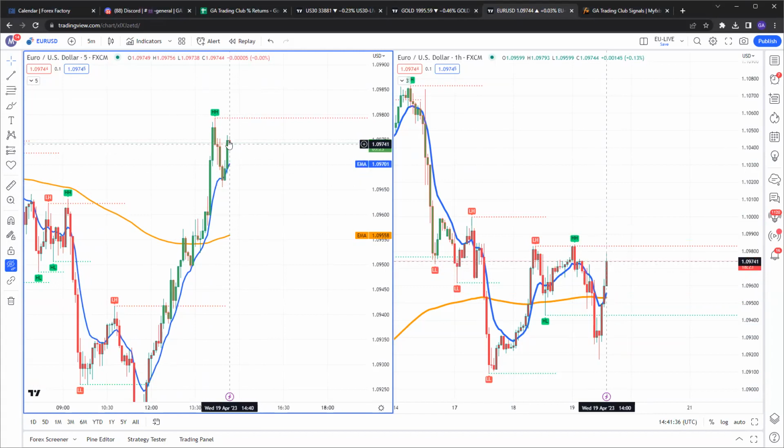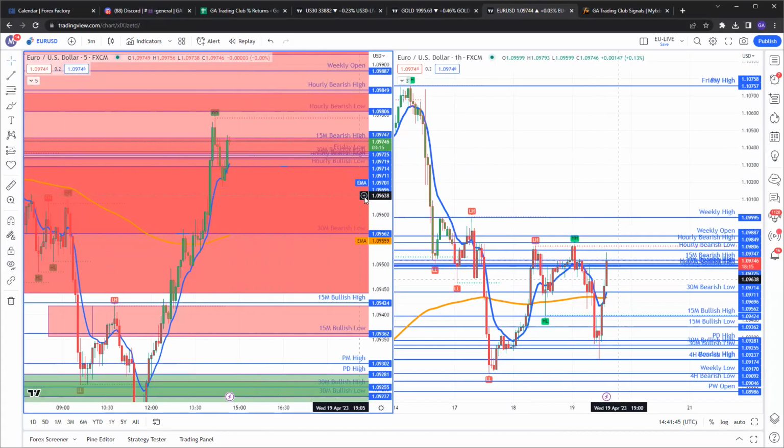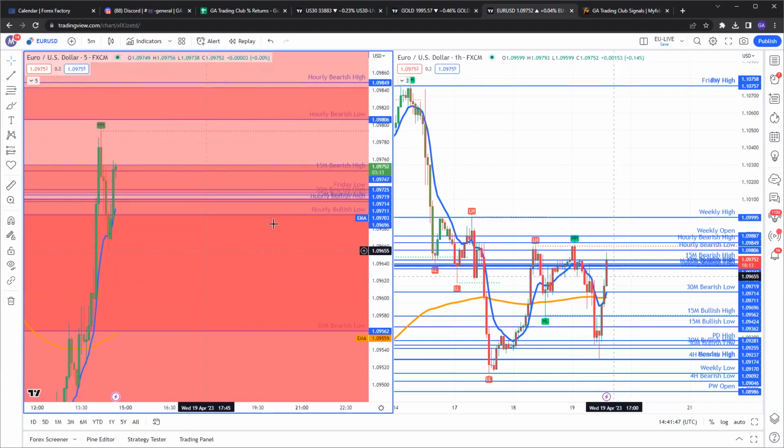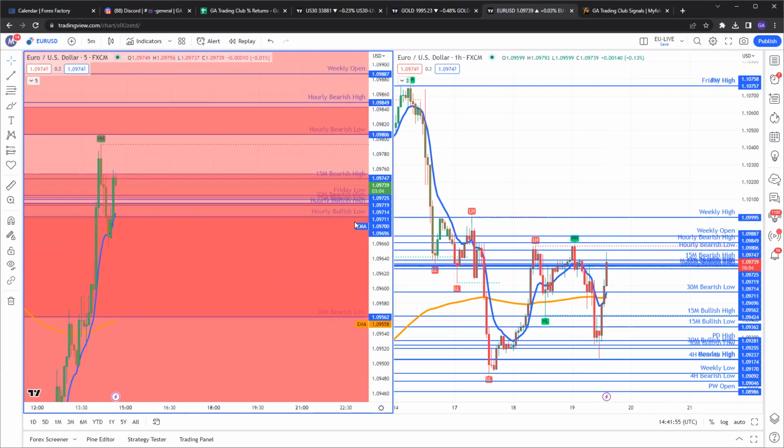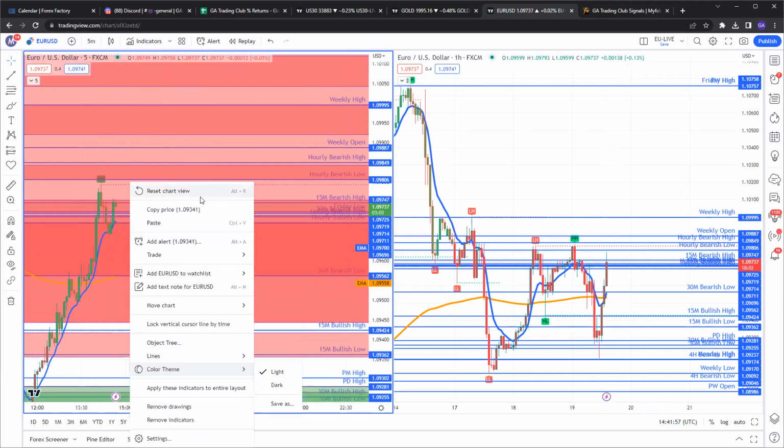Ideally, what you'd be looking for is a closure below the 9 EMA, then a retest and closure below. That would line up with the supply zones in here. We have a 15-minute bearish high, a 30-minute bearish high, and also an hourly bullish high and low right here. So for EU, just be patient with it. No need to rush anything.